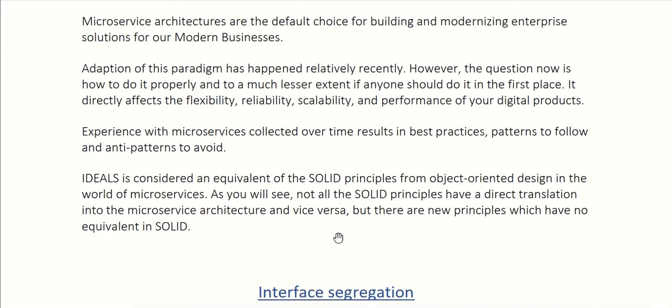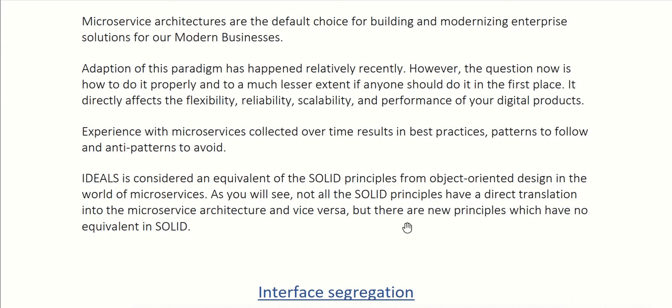Okay, IDEALS is considered an equivalent of the SOLID principles from object-oriented design in the world of microservices. Okay, as you will see, not all the SOLID principles have a direct translation into microservices architecture and vice versa. So you can't apply the SOLID principles straight away to your microservices architecture, but a few of them we can utilize basically. Okay, that's what they are saying.